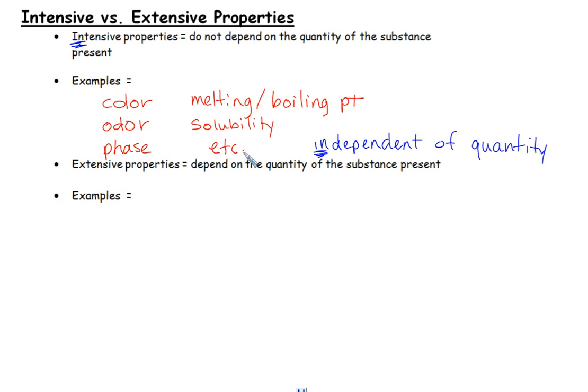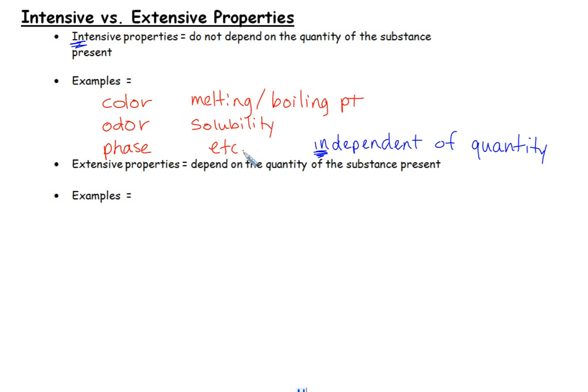Magnetism would be another one. I could have a small piece of iron or a larger piece of iron, and that iron metal should be magnetic. I could have 1 gram of sulfur, or 500 grams of sulfur, and I could observe that it's a yellow solid.